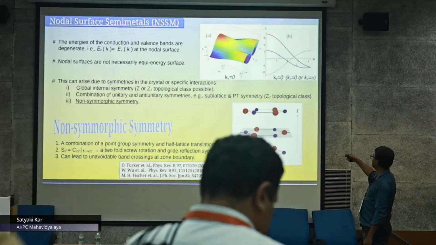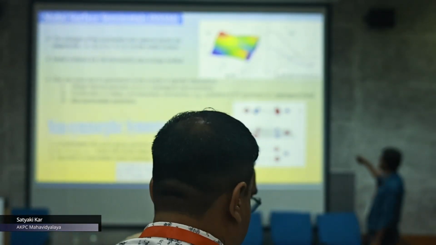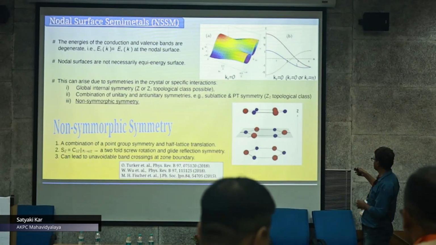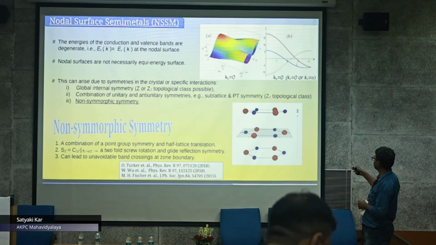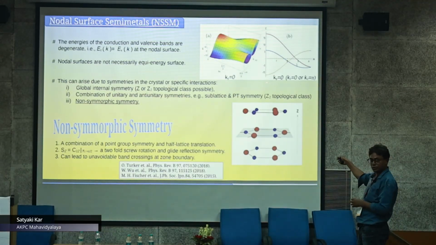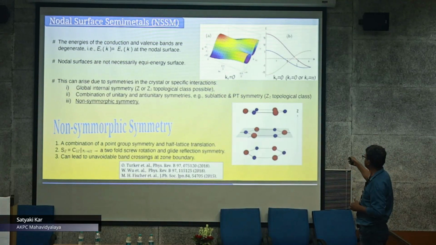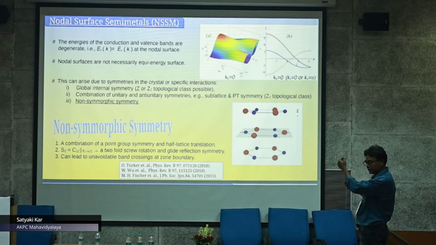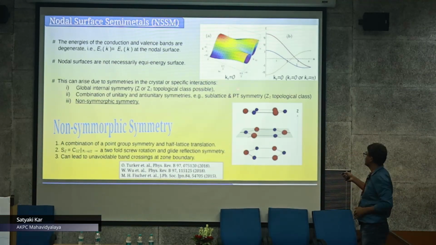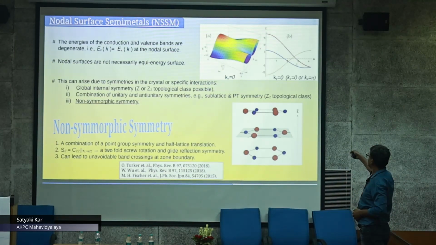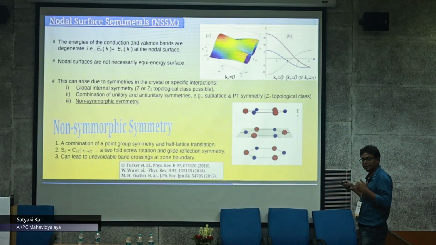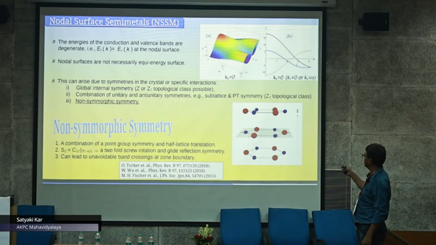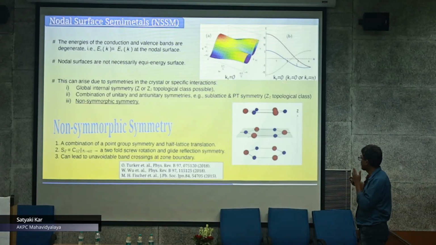You can see that for different ky you can have this kind of conduction band and valence band matching for all the kx values. So the main point is that they need not be at a single energy, they can vary in energy, the nodal surface.